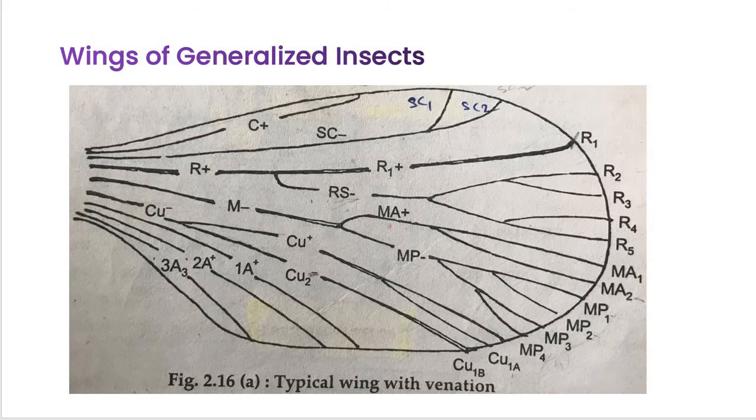Now they get connected again with the hemolymph, and this shows the circulation around the wings.